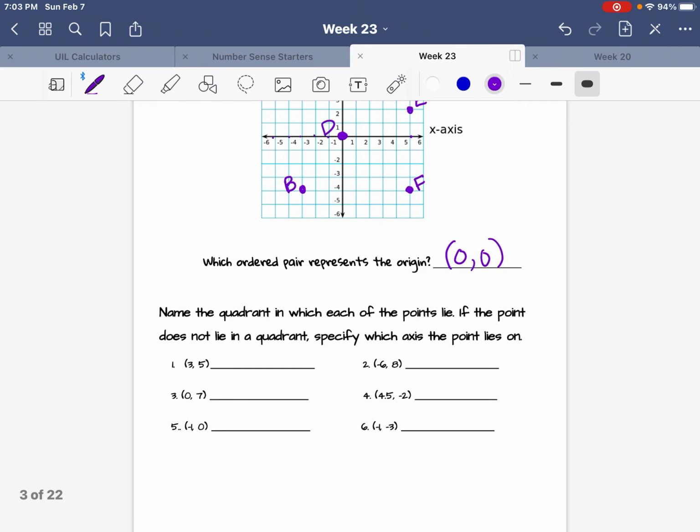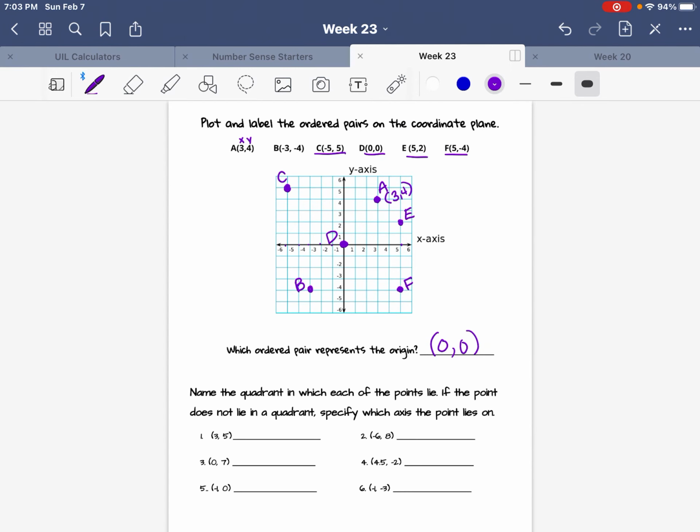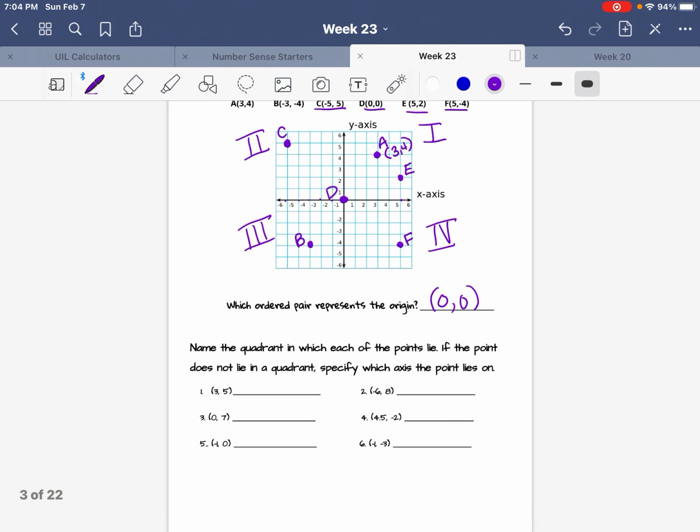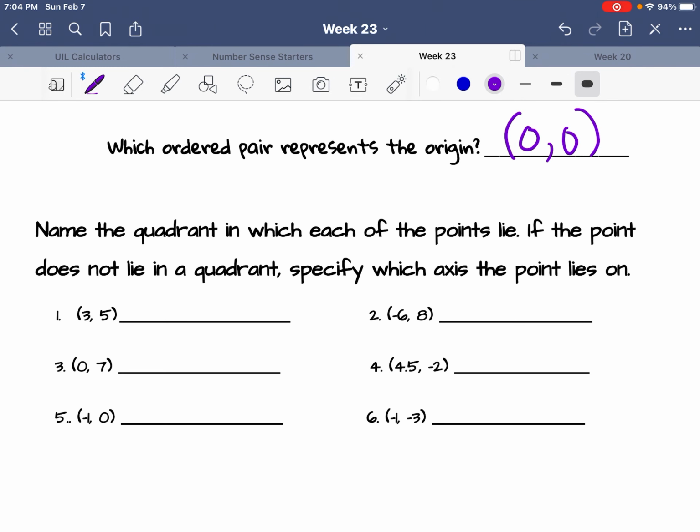Okay. Now, it's important that you are able to tell which quadrant something is in. And remember, these quadrants, I'll name them on the outside so I don't mess up the points. This is I, this is II, this is III, and this is IV. Okay? So, name the quadrant in which each of the points lie.